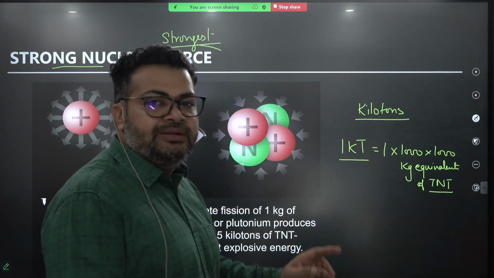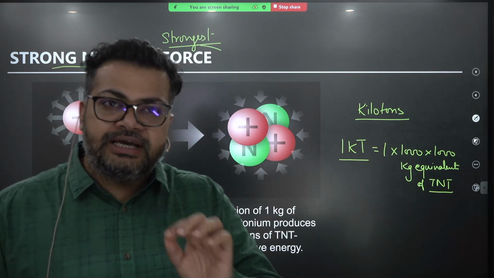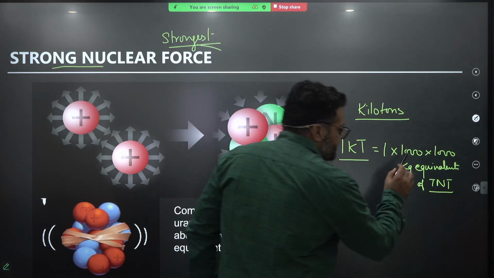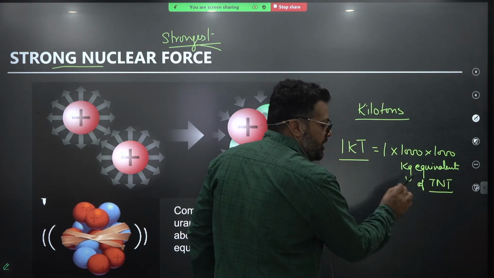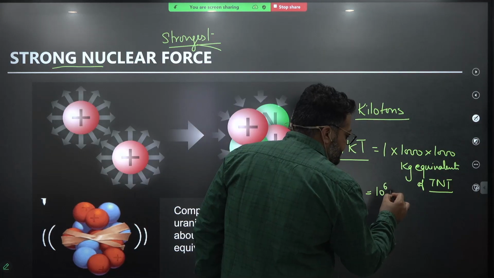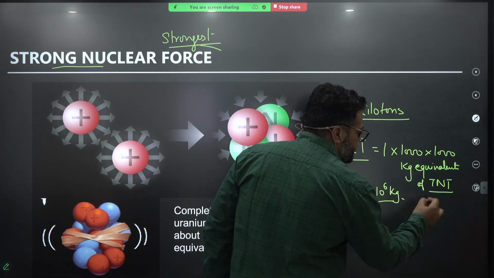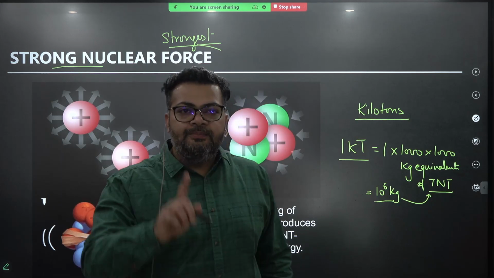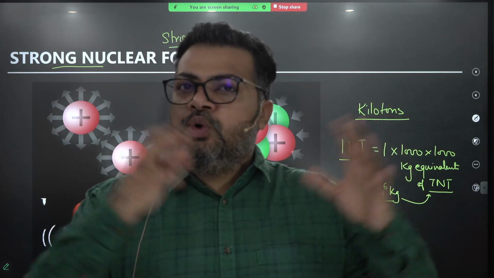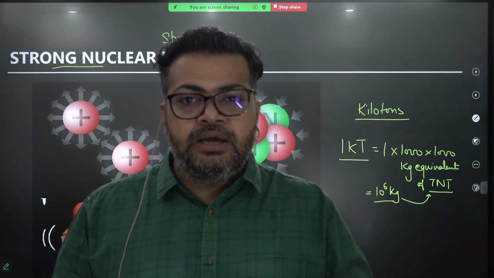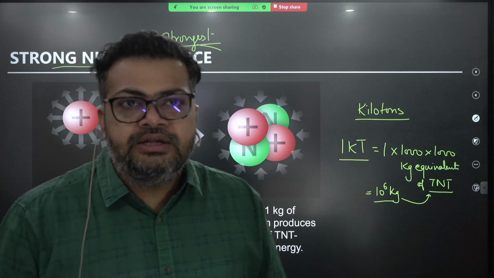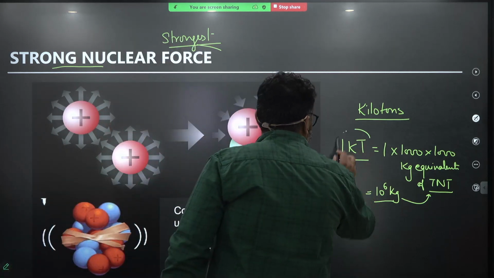So 1 kiloton basically means that, look at this guys, if you take 1000 into 1000 kgs of TNT, that means 10 to the power 6, 1 million kilograms of TNT, and explode all this 1 million kilograms of TNT in one instance, then the energy that is released is going to be equal to 1 kt.